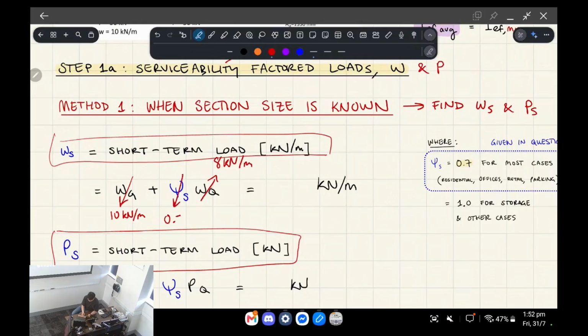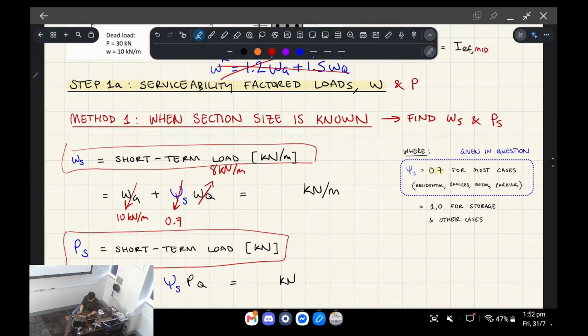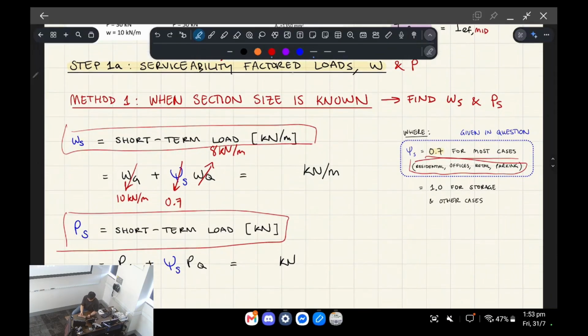And we're told in the question that phi s is 0.7. Phi s is usually 0.7 for the case of offices, residential buildings, retail, and parking. For other cases it's going to be 1, okay? But in most of these questions for suspended floors and whatever, it's going to be 0.7.